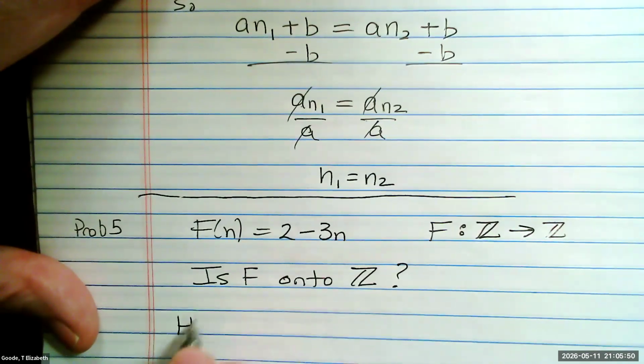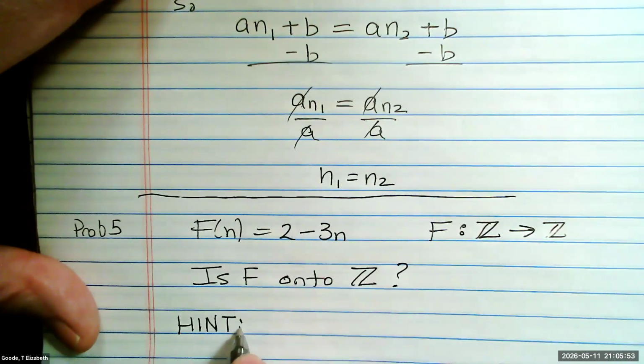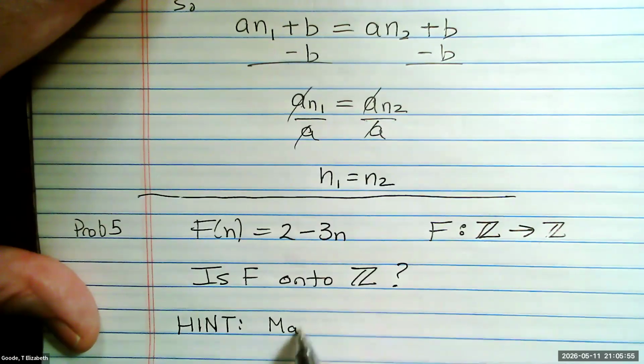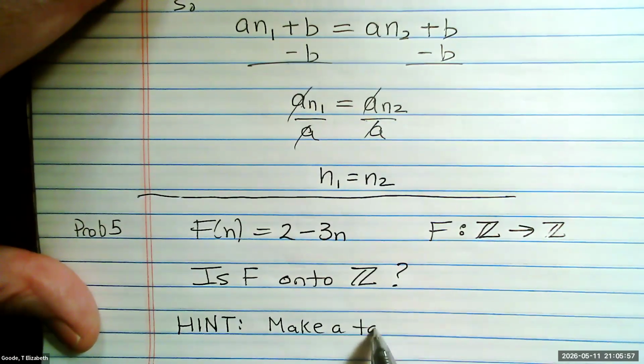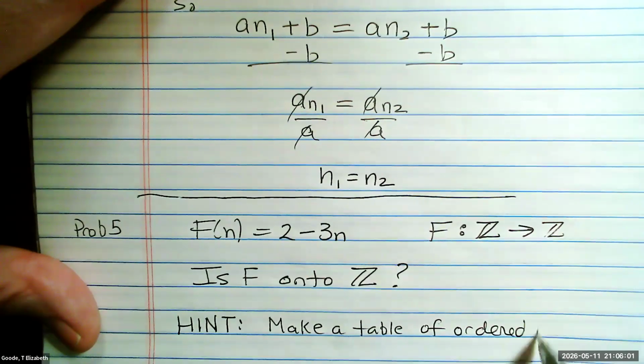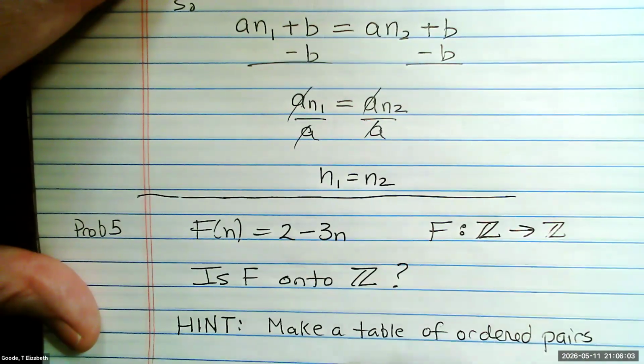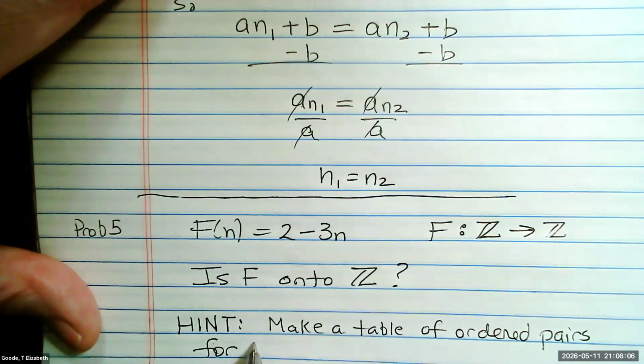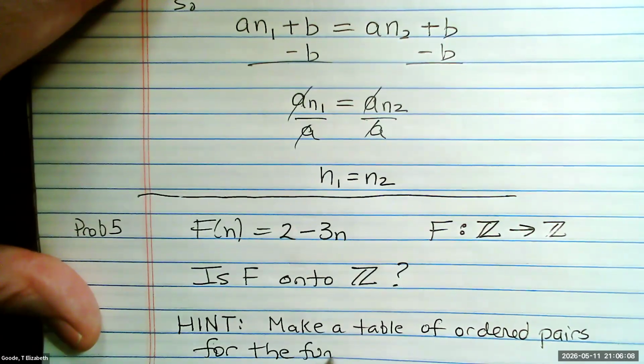And here's my hint, and this is where you have to do a little work. Make a table of ordered pairs for the function f.